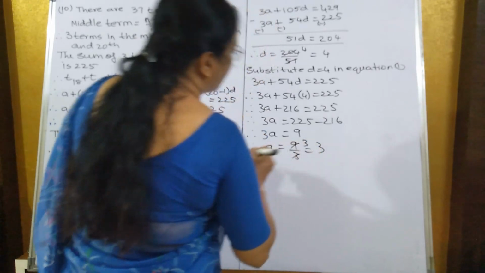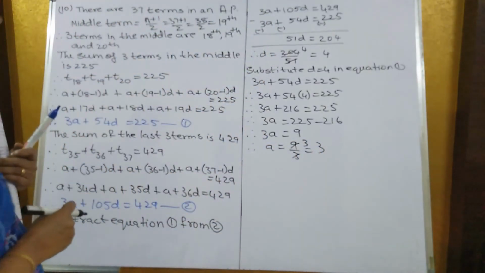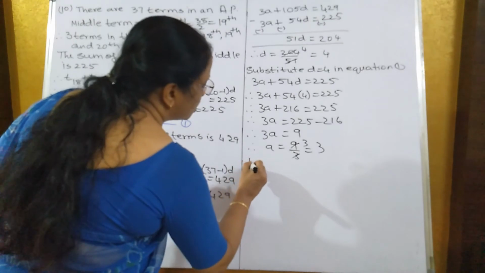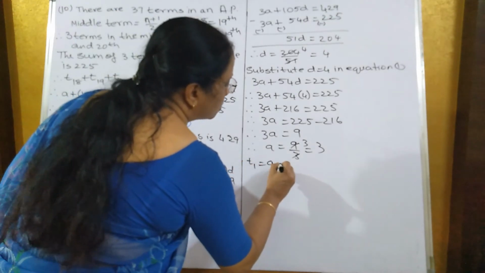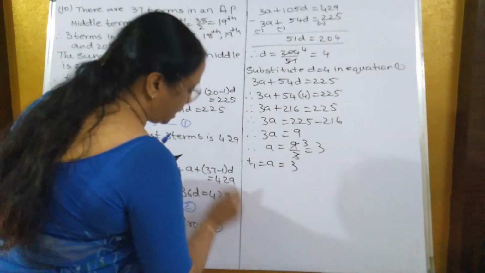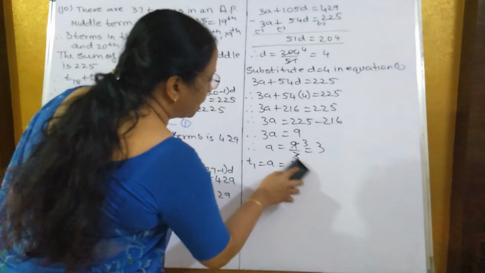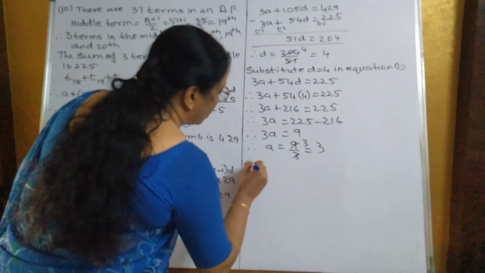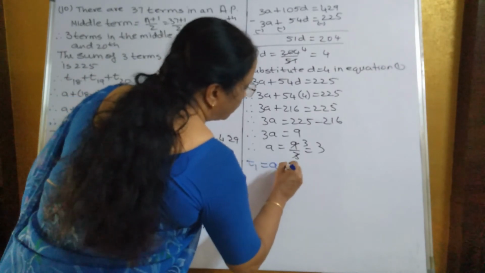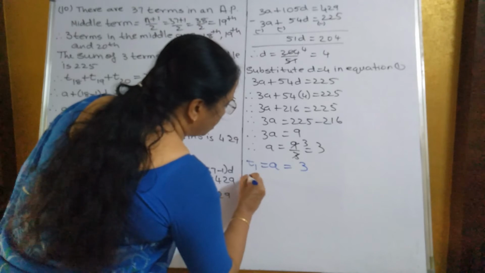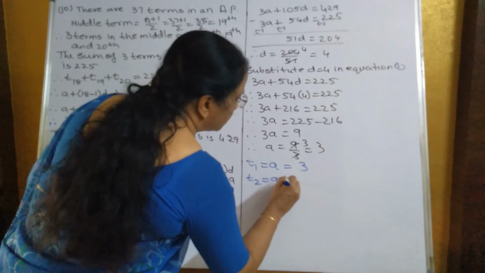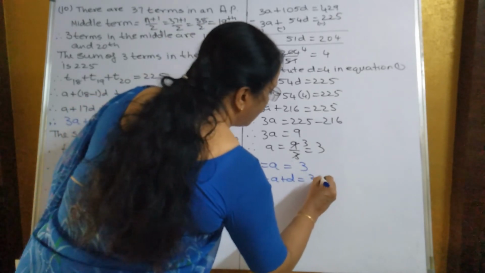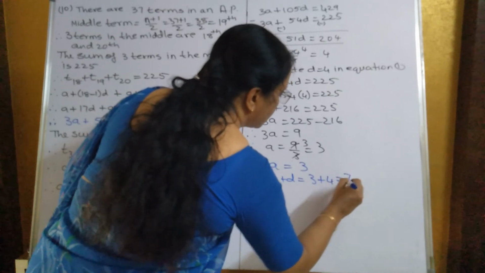So we have got the value of A and we have got the value of D. Now what is the first term? T1 is equal to A, that's equal to 3. T2 is equal to A plus D, that is equal to 3 plus 4, that's equal to 7.